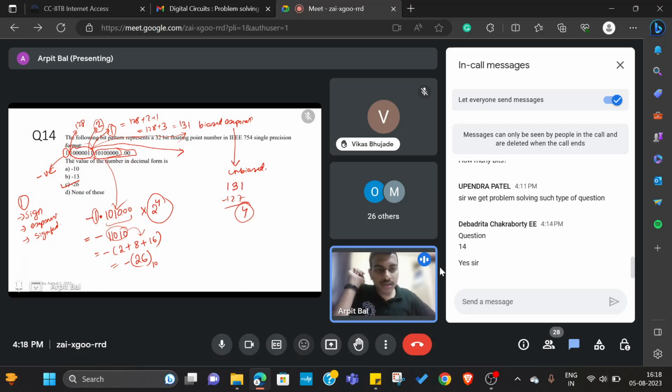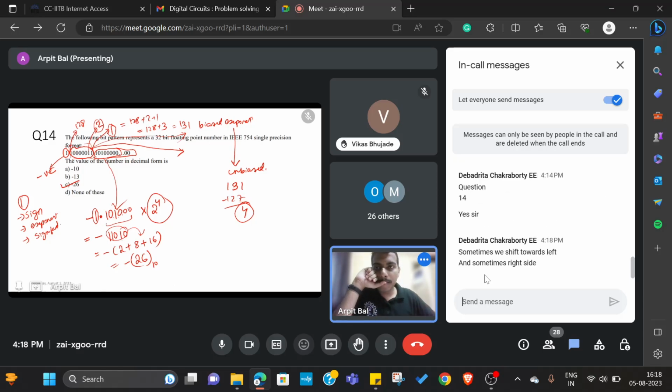Does that answer your question, Upendra and Debadrita? Whenever you have 2 to the power x, where x is positive, it means you are performing multiplication, and you shift the decimal place towards the right.